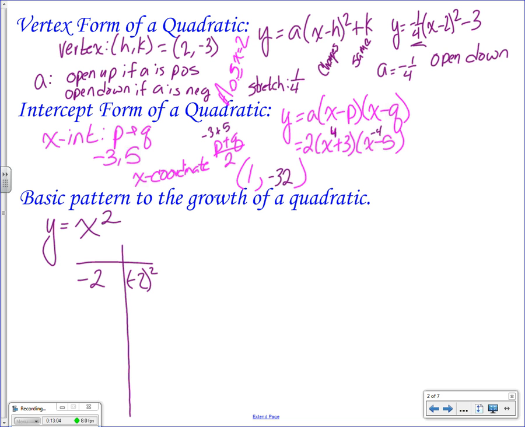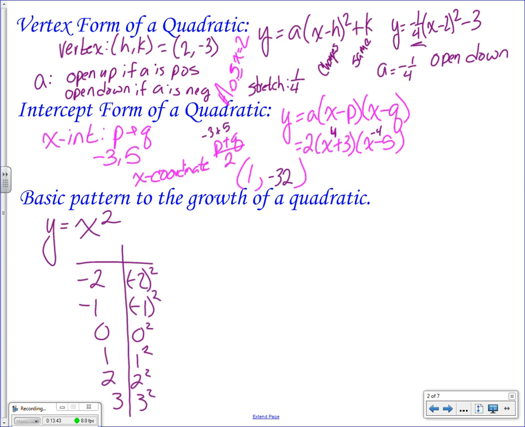You all know what -2 squared is, so I'm just going to leave it as -2 squared. -1 would be -1 squared. 0 would be 0 squared. 1 is 1 squared. It's not 2. 2 is 2 squared. 3 is 3 squared. Are you guys okay with that? Basic pattern, right? That's what it looks like on a table.